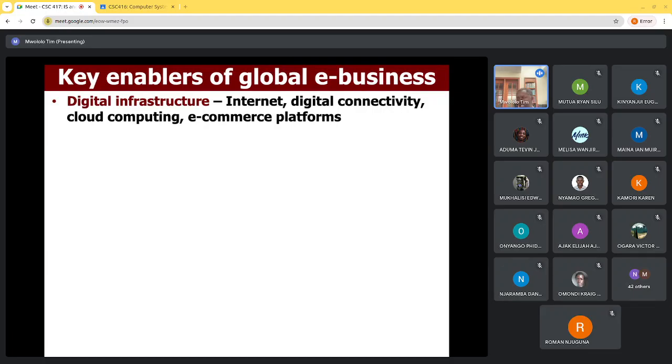To reach the last mile, somebody in Wajir should be able to use their end user device to shop online or to buy a service, wherever it is. So that connectivity to reach that consumer wherever they are. Cloud computing is critical. E-commerce platforms are critical. So all that is around digital infrastructure. So these are very big enablers.